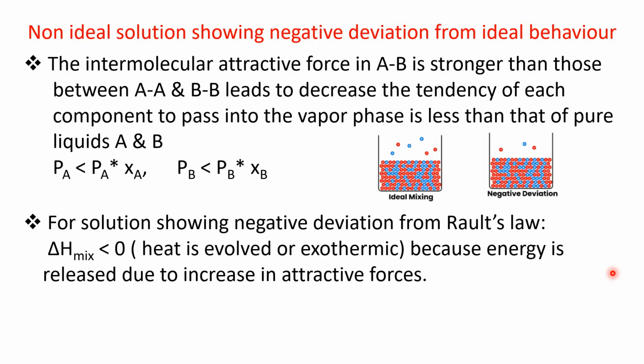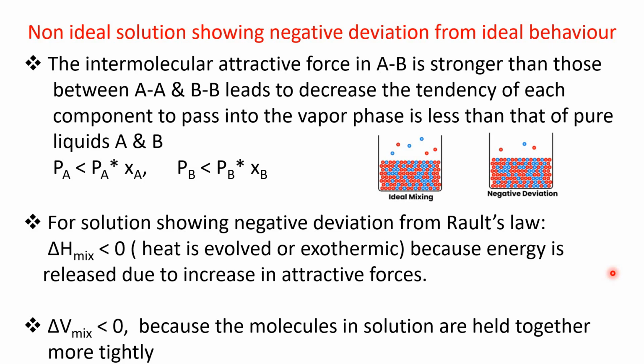Because initially the solvent-solvent and solute-solute interactions are weaker compared to the solute-solvent interaction, which is developed after solution preparation. So, less energy is required to break the intermolecular forces of attraction between solvent-solvent or solute-solute, but more energy is evolved when the solute-solvent interactions are developed in the solution. So, heat is evolved, so it is exothermic.